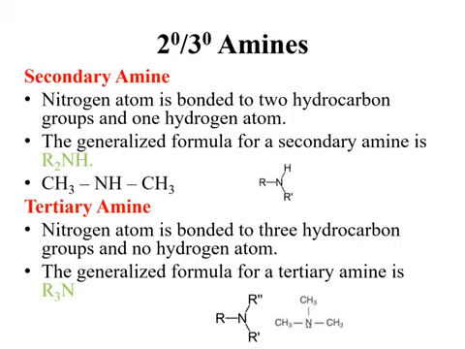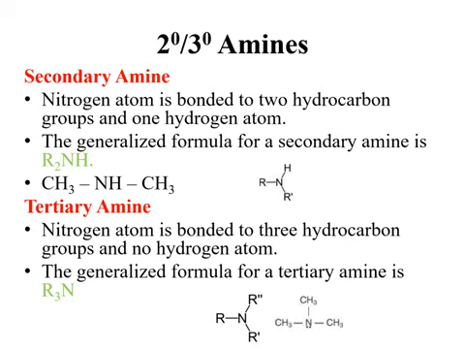So this R prime means it is not necessary that both of the alkyl groups are of similar nature. They could be similar or they could be of different nature. It means at one side there may be a methyl group and the other alkyl group may be propyl or butyl. So both of the alkyl groups are not necessarily of the same nature.